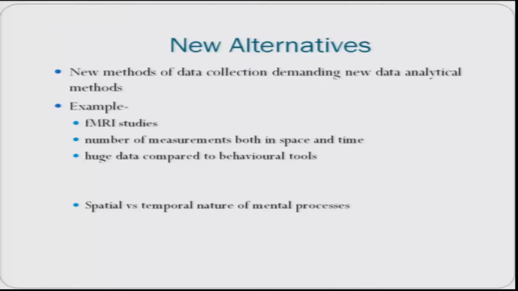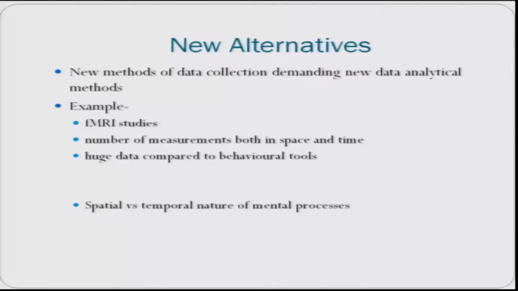This is a new method of data collection which has a very heavy influence in psychology. What happens in fMRI studies, you have a number of measurements at a given time, you map the brain. So, you look at the space in the brain, and then finally, you come forward with a very huge amount of data which you compare against the behavioral tools.